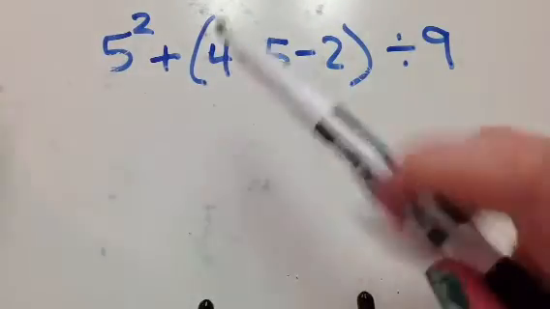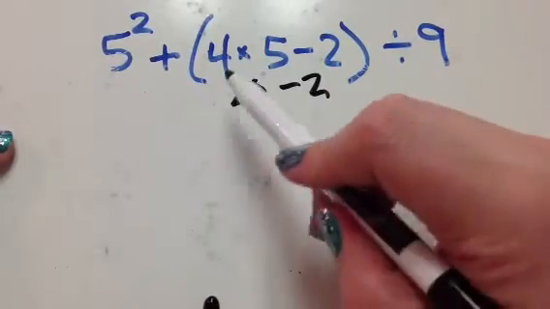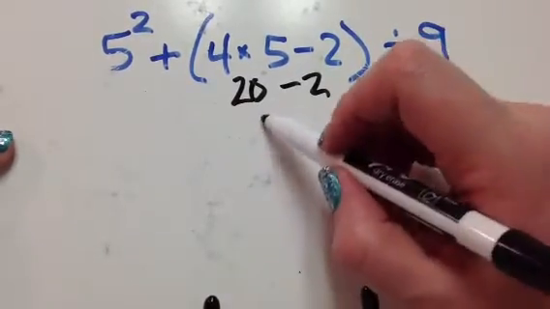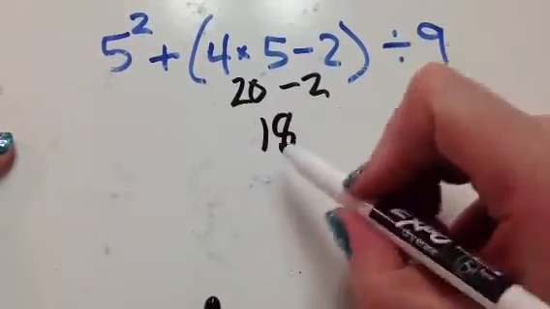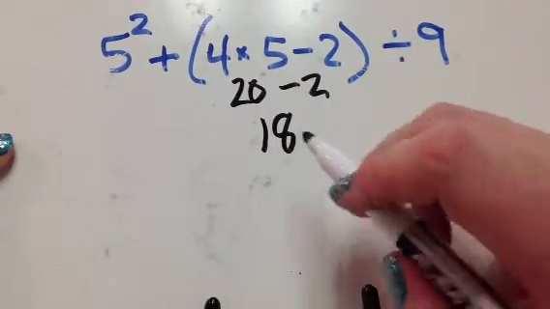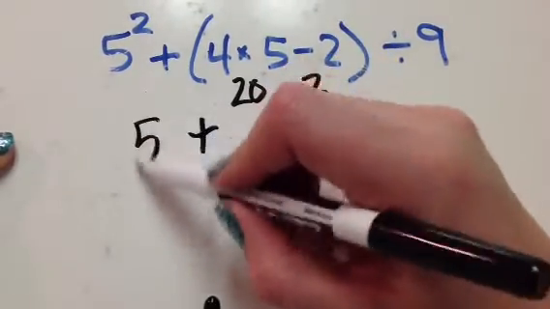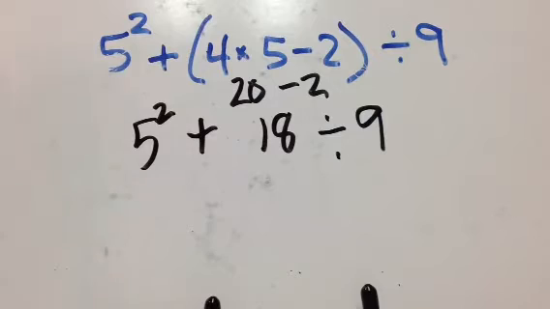Okay, so I have to do 4 times 5, which is 20, and then 20 minus 2, which is 18. So that 18 is my answer for the whole parentheses. And then I'm going to bring everything else down, including that exponent. Since we've got the parentheses done, that exponent is the next one that I have to deal with.